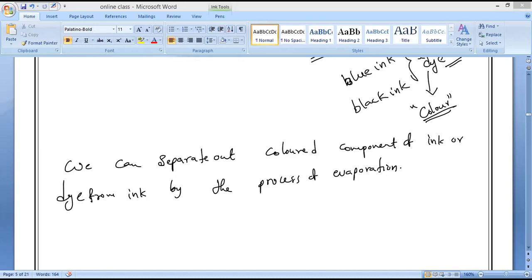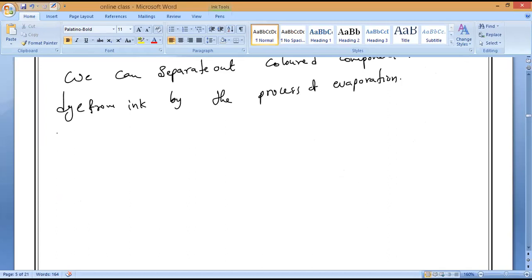Is it possible to heat the ink directly in this case? If I directly take it in a china dish and heat it, is it possible to obtain the ink? You all studied, correct. Experiment to obtain the colored component from the ink.